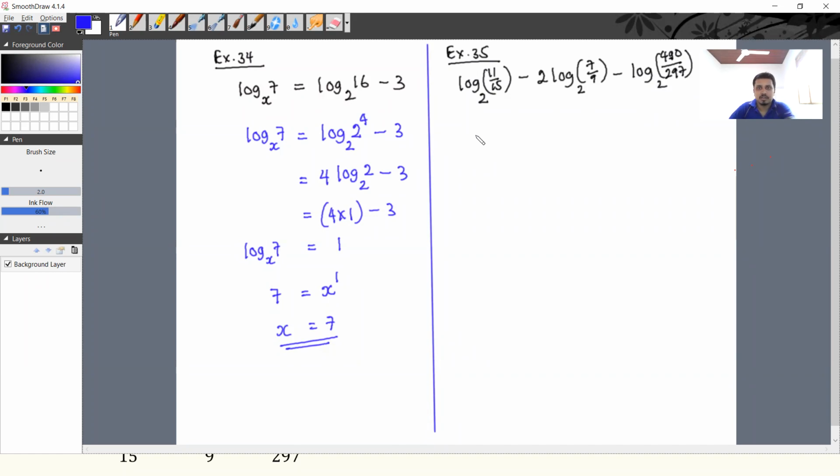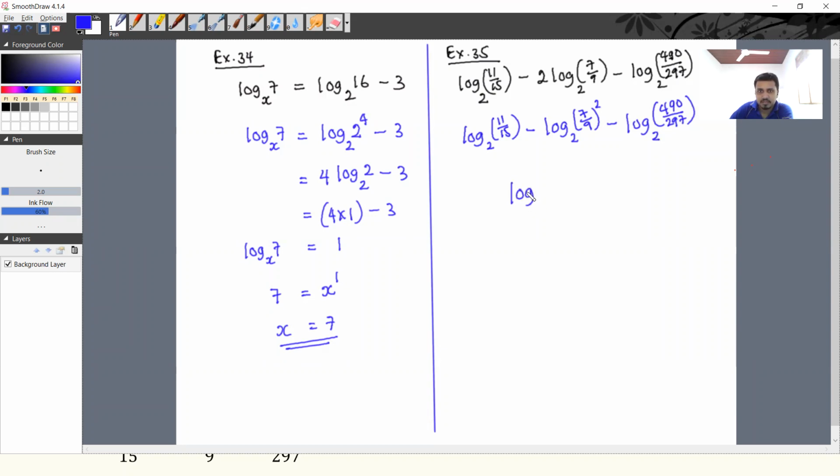Using the laws of logarithm, how can we rearrange this? Log of 11 over 15 to the base 2 minus, we can take this as the power value here. Then it will be log of 7 over 9 squared to the base 2 minus log of 490 over 297 to the base 2.